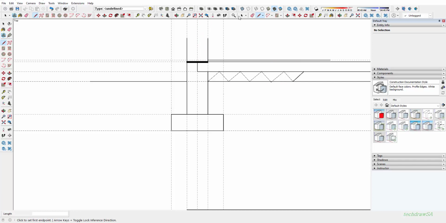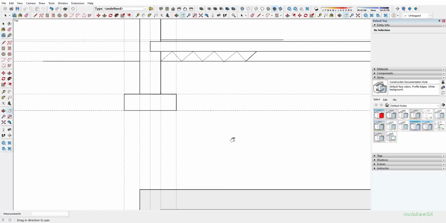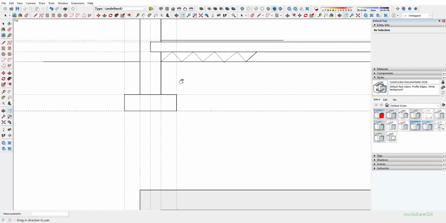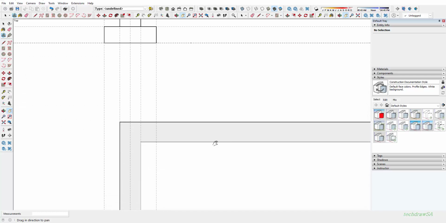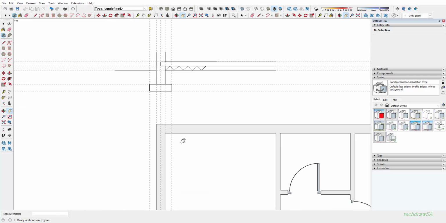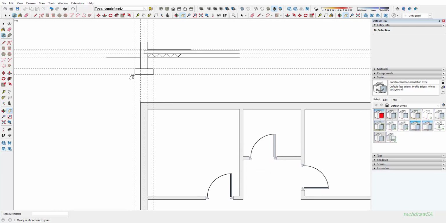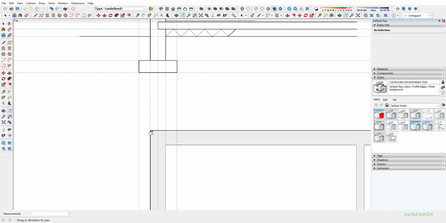Good, but that is just a very quick demonstration of how to do these projections when you are starting off with your elevation, your sectional elevation on your civil drawing, when you are projecting from your floor plan. So the whole idea is that you make sure that you don't start your foundation on the wrong projection.